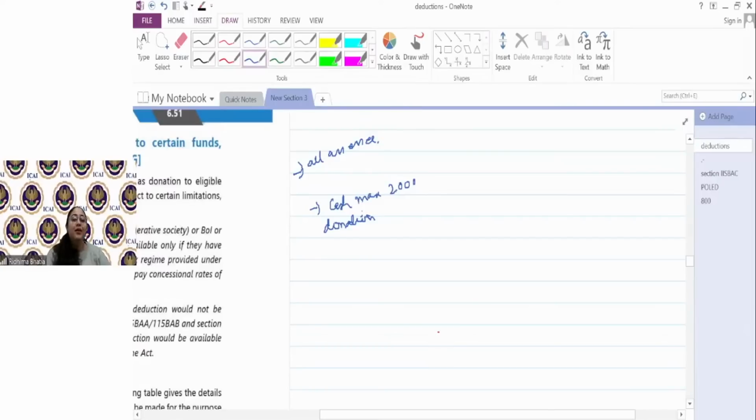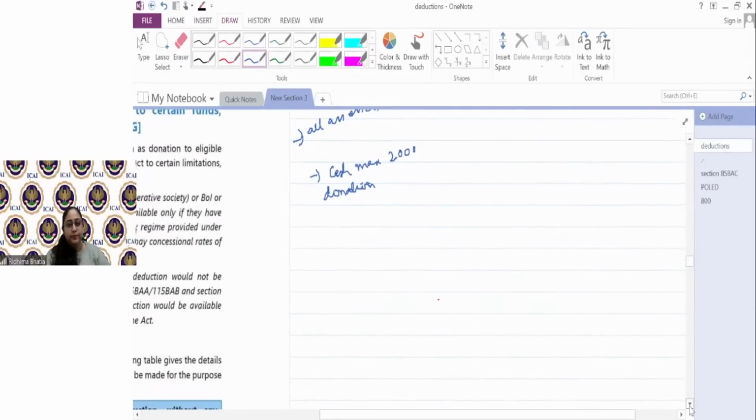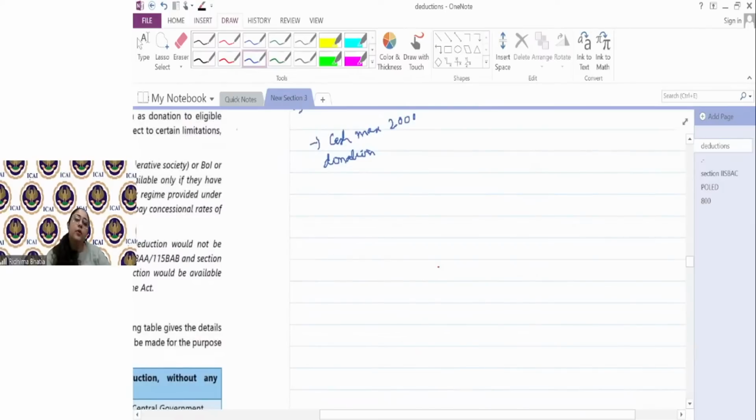How much deduction will you get? Here there are 4 categories. You have to see where your donee falls. Donee means the one to whom you are donating, in which category that person falls.